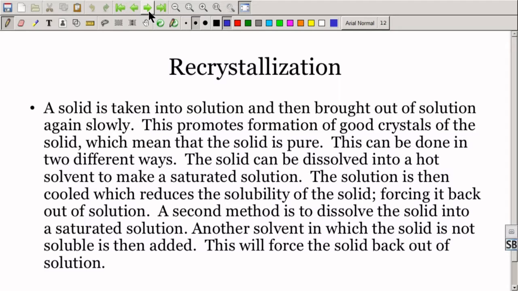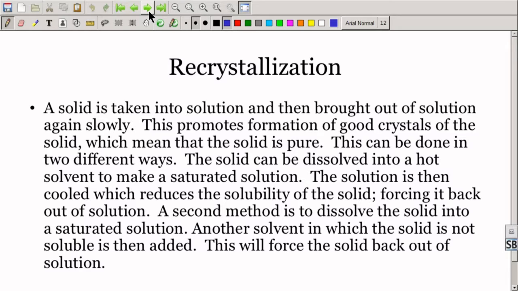And I used this extensively as a graduate student to clean up products that I made. Another reason to do it this way is that you can grow crystals of high enough quality to get an X-ray structure, which is what I did. And it's really a nice way of doing that.